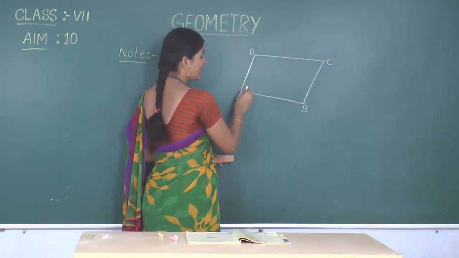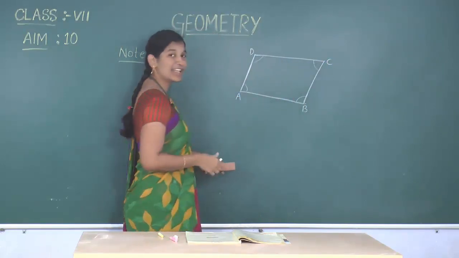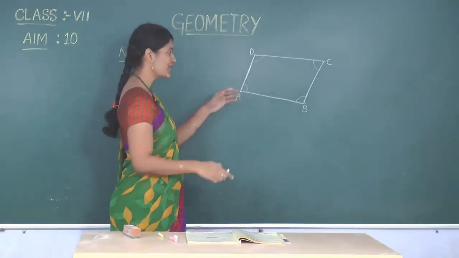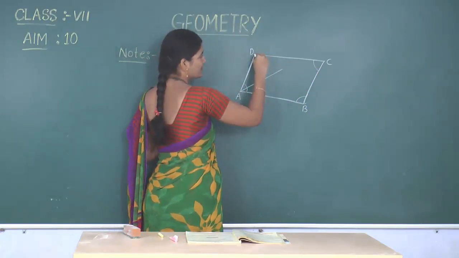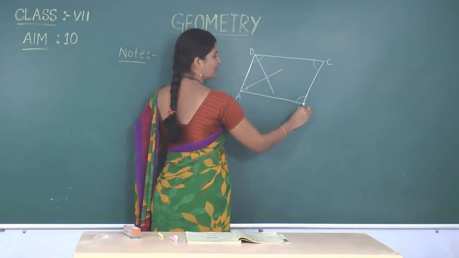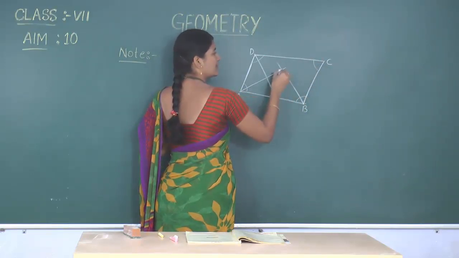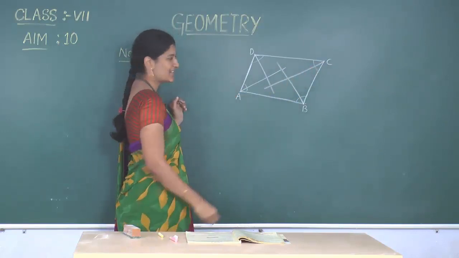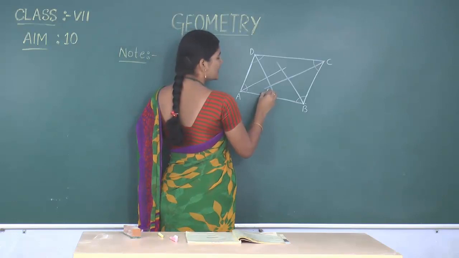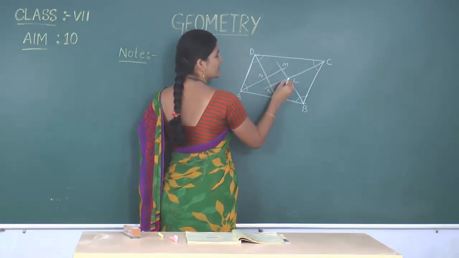A parallelogram has 4 angles. Now take the angular bisectors of these angles. These are the angular bisectors. Let them join at points K, L, M, N.